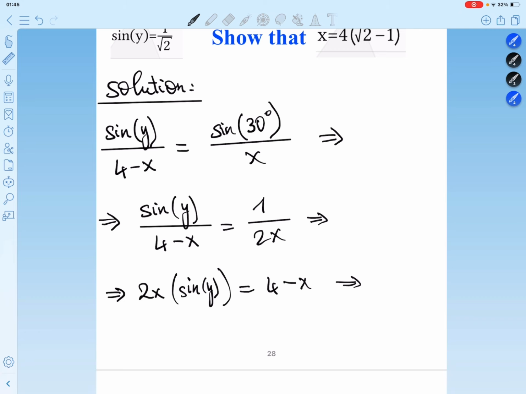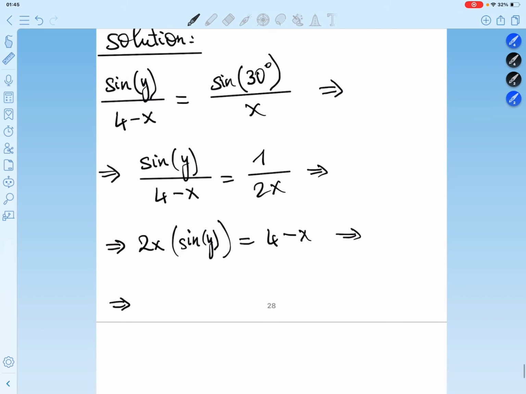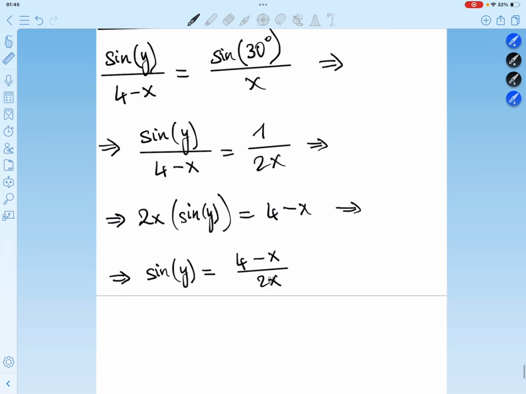Now this implies that sine of Y is equal to, we divide both sides by 2x. This implies that sine of Y is equal to 4 minus X over 2x, right?